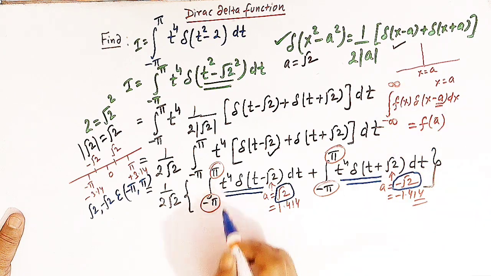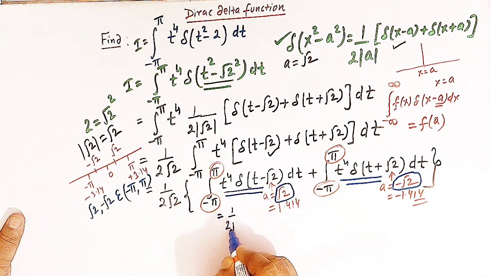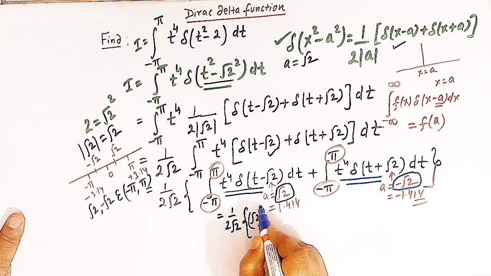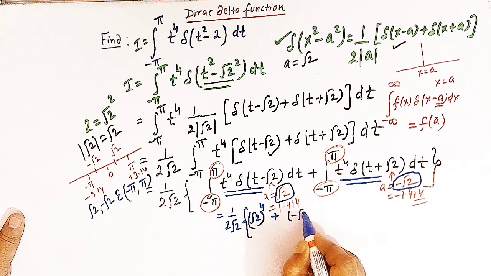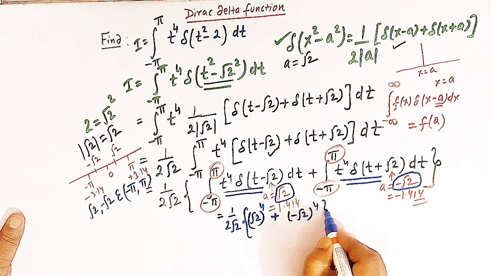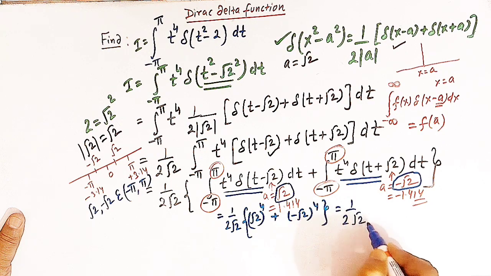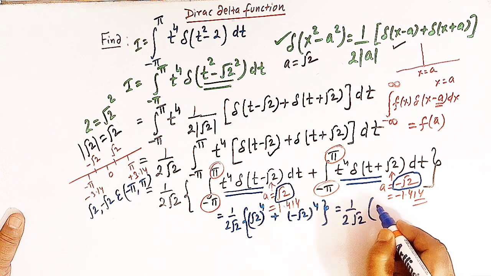So now the value of this entire expression can be written as 1 over 2 root 2, and here the value of this integral is root 2 raised to 4, and then here we have minus root 2 raised to 4, right? So we have 1 over 2 times the square root of 2, and the fourth power of square root of 2 is equal to 4, right?